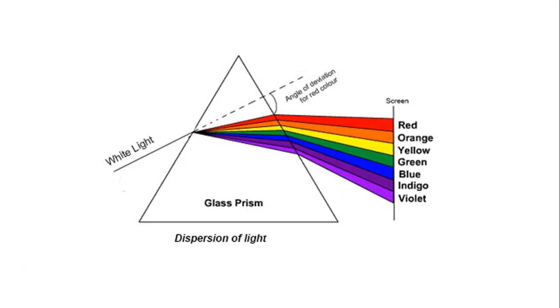Because of that, you can see different colors. Here you can see 7 colors of light, ranging from red to violet. So this phenomenon is called dispersion of light. Thank you.